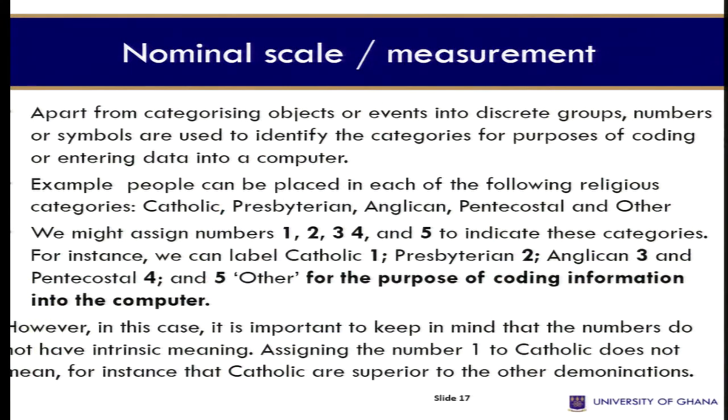Apart from categorizing objects or events into discrete groups, numbers or symbols are used to identify the categories for purposes of coding. For example, if we categorize people as Catholic, Presbyterian, Anglican, or Pentecostal, we can assign 1 to Catholic, 2 to Presbyterian, 3 to Anglican, 4 to other. All that we are saying here is that the numbers have no intrinsic value at all.